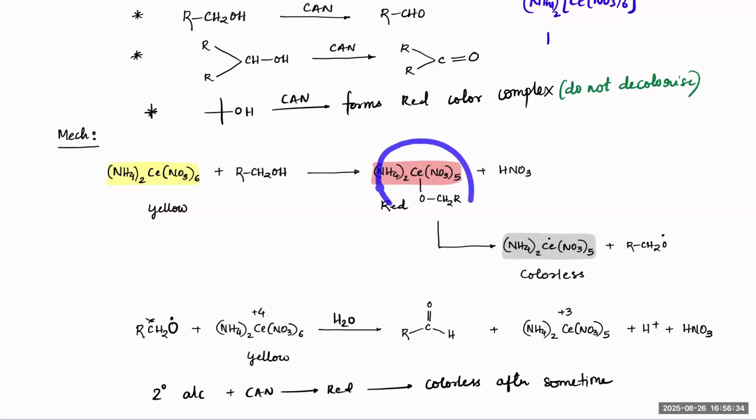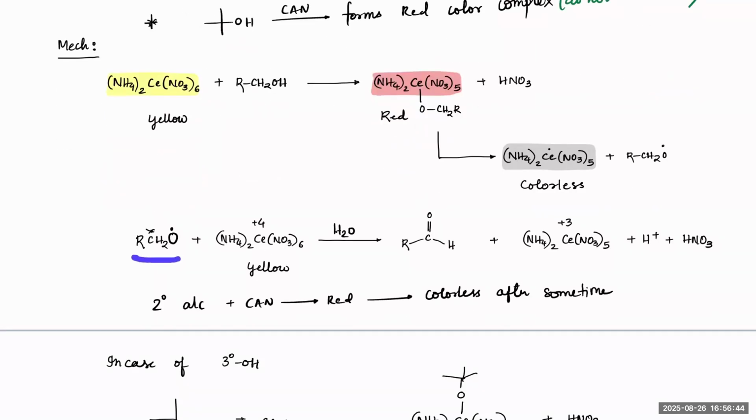So the red color will start becoming colorless again, wherein this part of the alkoxy group will come out as a radical and then convert into an aldehyde form like this. This will go in the aqueous solution. It will take away hydrogen and convert into aldehyde. And the oxidation state of cerium, which was at +4 originally, will convert into +3. So it is getting reduced. Alcohol is getting oxidized. Done.